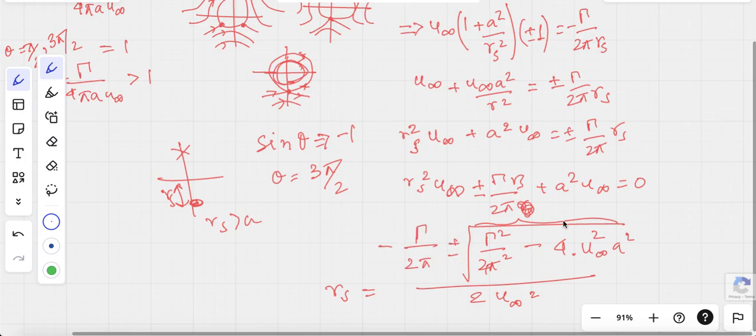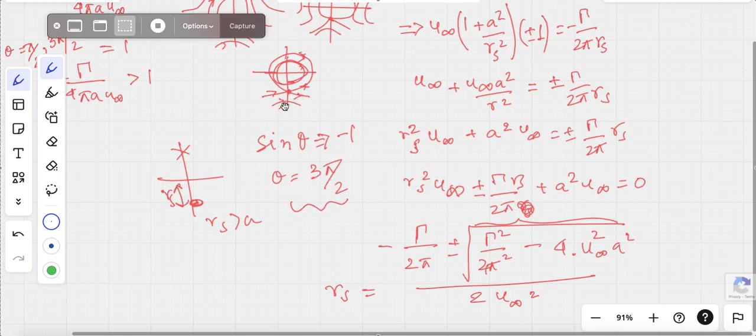So even if this is positive, this entire value cannot be positive. So this cannot be negative. This has to be positive. If this is positive, this has to be negative. For this to be negative, this has to be positive. For this to be positive, here has to be a minus 1. Minus 1 is only possible when theta is 3 pi by 2. So the stagnation point is here.